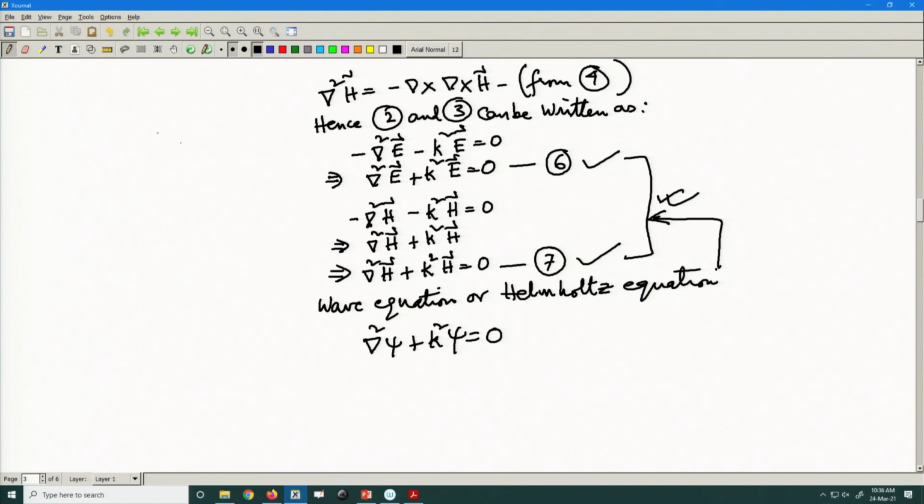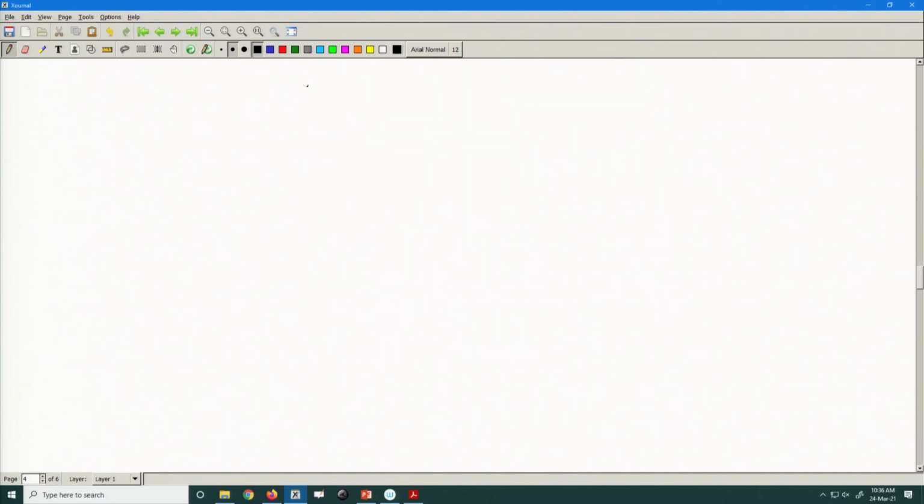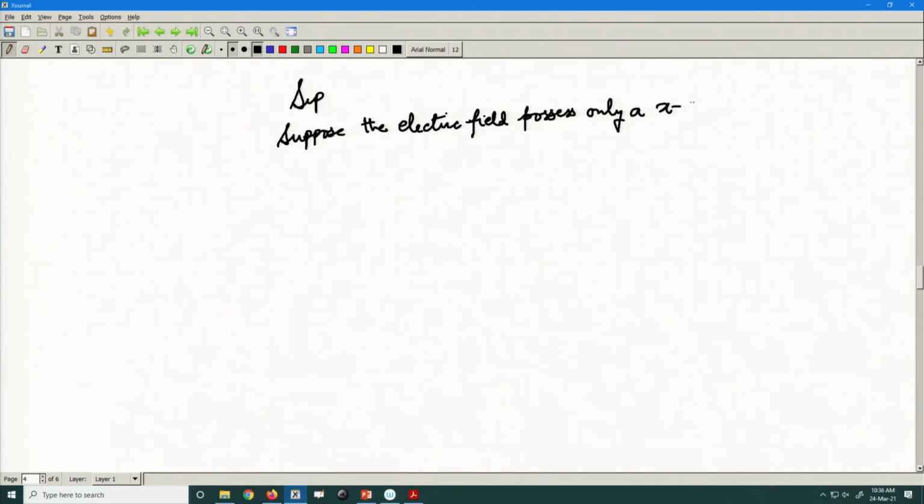Now, suppose the electric field possesses only an x component that is independent of x or y.